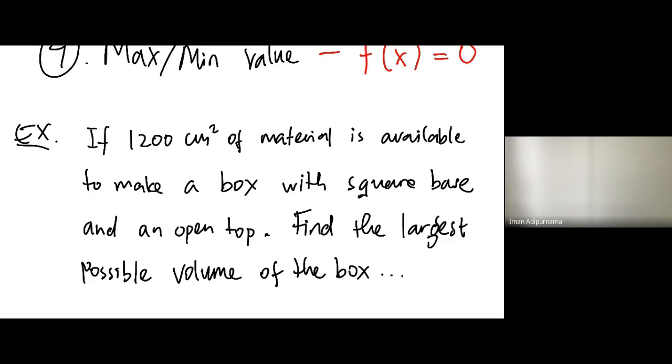Because it's already a box, but it's also mentioning the restriction. It should be a square base. So the base in the bottom will be square, and the top is open. So there's no top, open top.